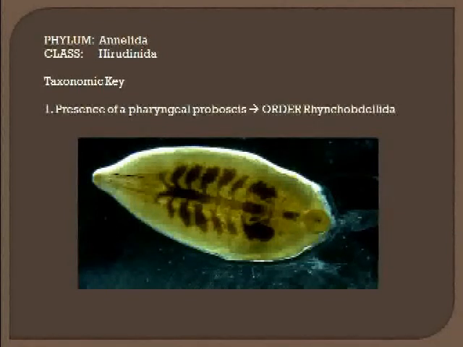The proboscis is a tongue-like structure that the leech will extend during the feeding process, and it penetrates into the material that it's feeding on, and is basically a large sucker that pulls the food into the leech. So on the slide, this is the ventral view of the complanata, and the little black line shows where you have a retracted proboscis, indicating that this particular leech does belong to the order Rhynchobdellida.